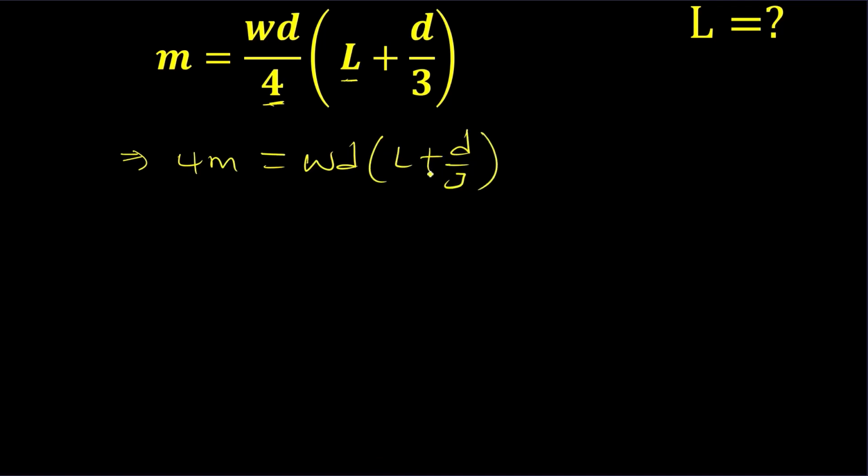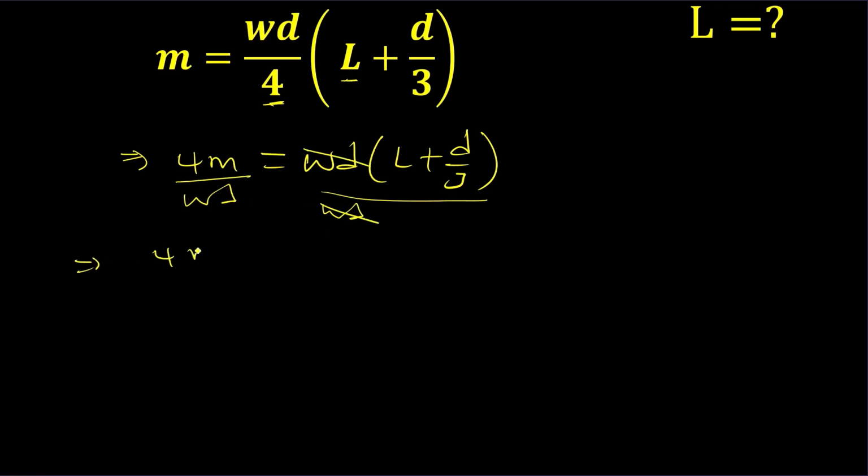All right. So somebody can also remove this one, or we can expand this. So I just want to remove this wd. So I'll divide both sides by wd, and this one will cancel.